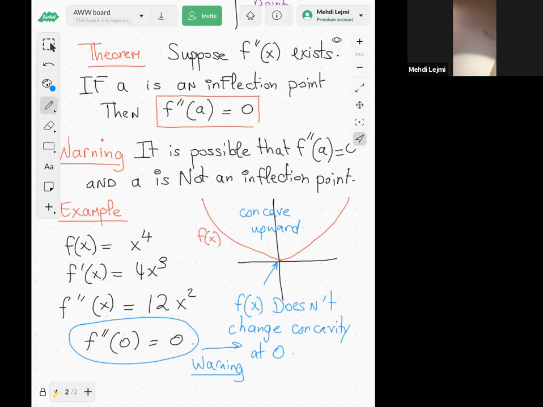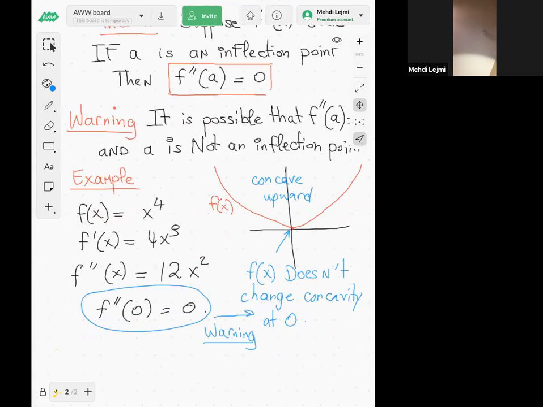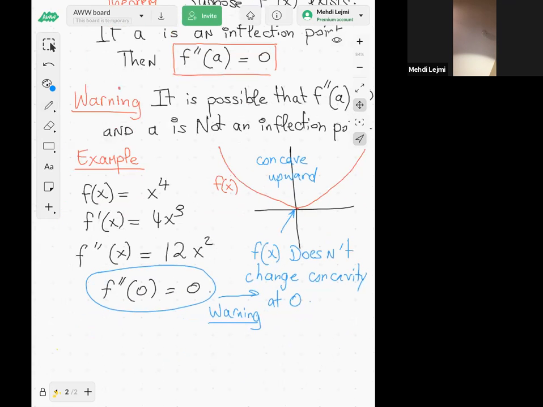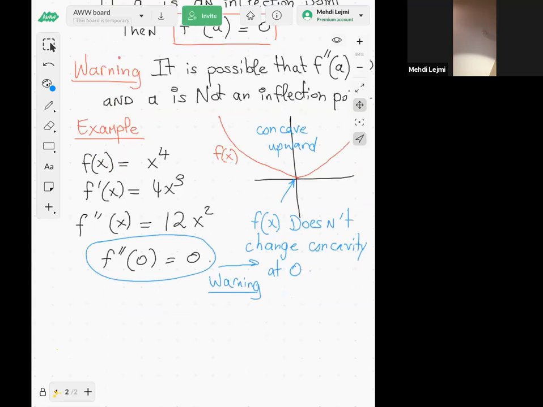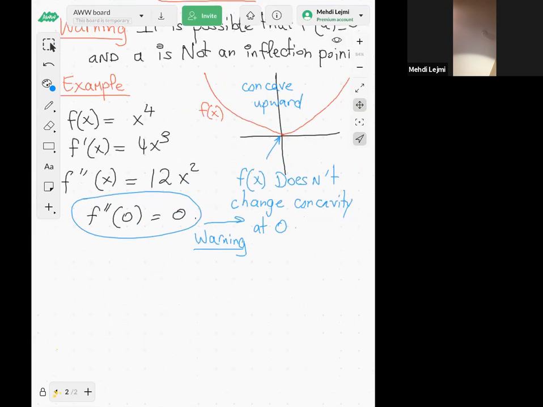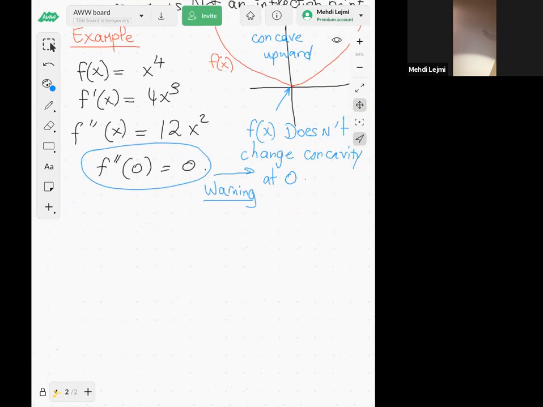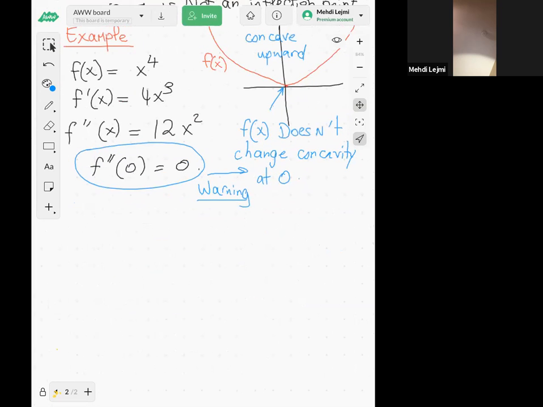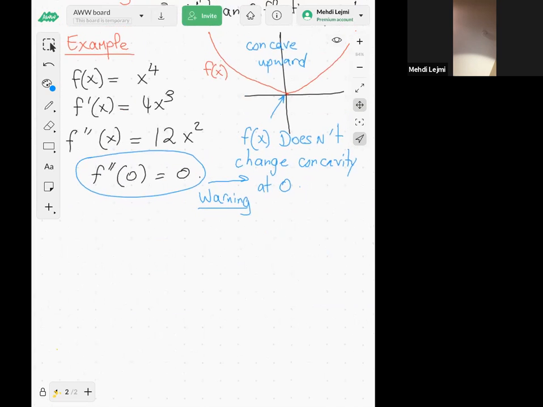Okay, guys. Let's do an example and show you how we can get the intervals where the function is concave upward, where the function is concave downward, and where the function has inflection points. So here's an exercise, for example.